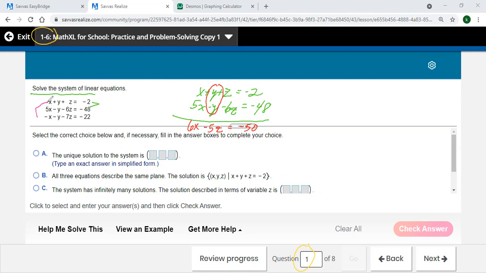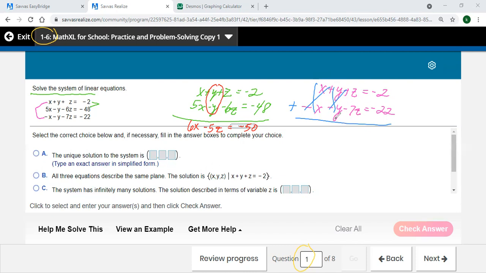But if I take the top and the bottom equations, look what happens there. So if I have my x plus y plus z equal to a -2, and then the bottom equation, -x and a -y, and a -7z. And you combine these, look what happens. We even get rid of more stuff because when we add these together, those two cancel out the x's, the y's cancel out.